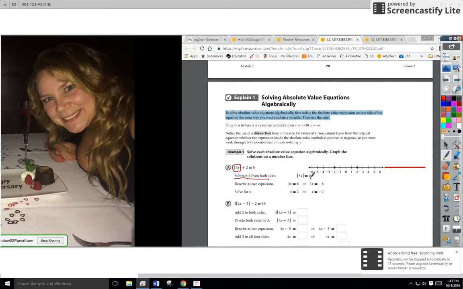Those two numbers are 6 and -6. Okay. So therefore, after we isolate the absolute value, we then want to write two equations. Okay.